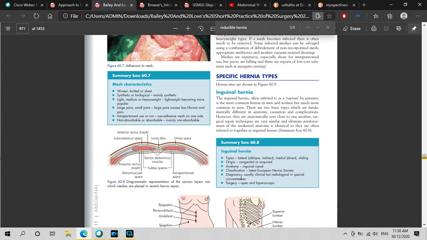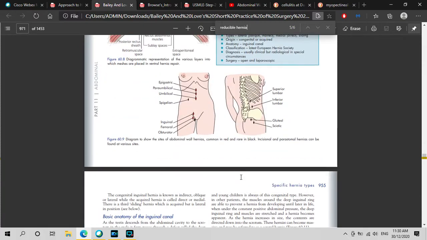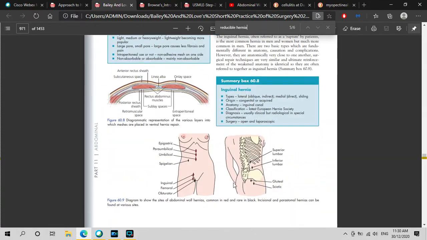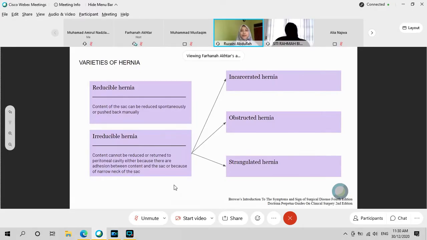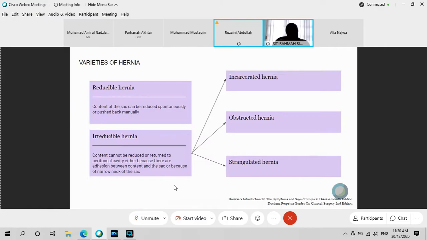Okay, so I'm just going to tell you this. What do you mean by incarcerated hernia? What do you mean by obstructed? What do you mean by strangulation? You need to know all those things. From what I read, incarcerated hernia, obstructed hernia, and strangulated hernia can be considered as complications of the irreducible hernia.